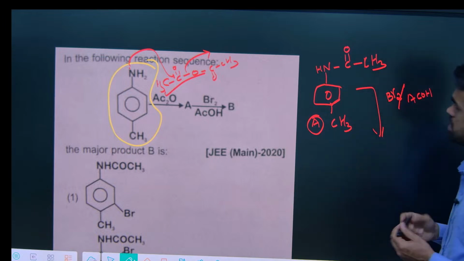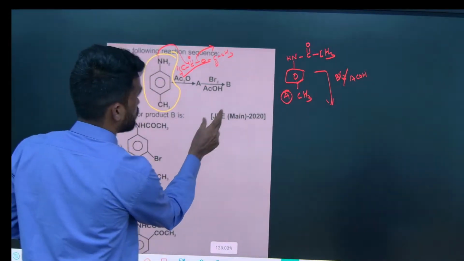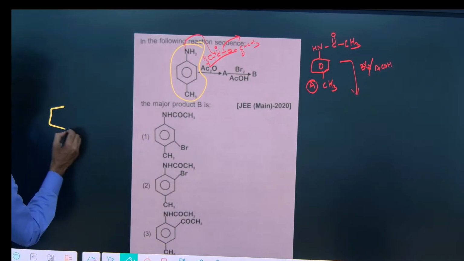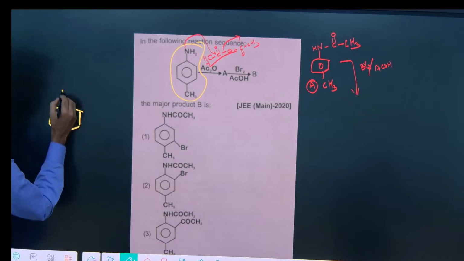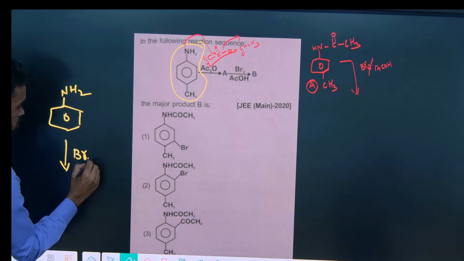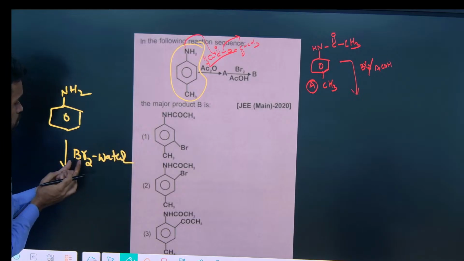Now what happens? See, it is a very important reaction. There are 2 different things to be remembered here. When simple aniline is given, NH2 is given, and they are asking us to add bromine water, they will give Br2, H2O.